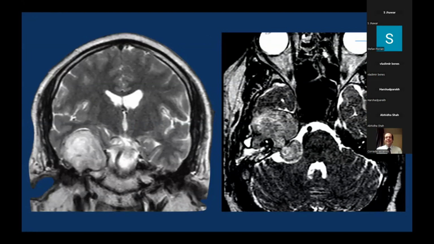The patient came with facial palsy grade 5 at this stage of the evolution of this tumor. So you can see how this tumor is following the trajectory of four of the segments of the facial nerve: cisternal, intrameatal, tympanic, and also the labyrinthine segment. So you can follow the anatomy of this tumor.